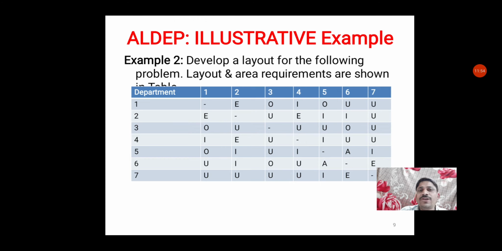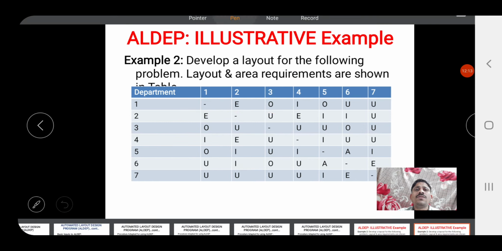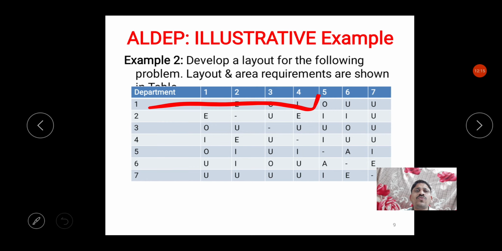Numbers are given instead of names for the departments, and the relationship between 1 to 2 is E, between 1 to 3 is O, between 1 to 4 is I, and between 5 to 1 is O.